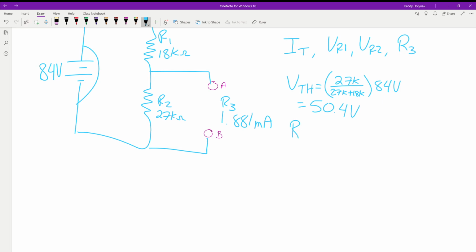So R Thevenin is equal to R1 in parallel with R2. And Fallon, what does that give us? That's R Thevenin.